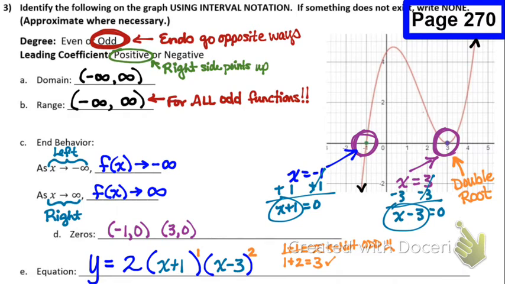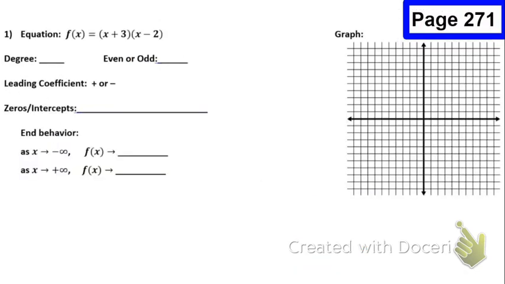I want you guys to flip over to page 271. And we're going to practice doing some sketches here. I have a function in factored form, and I want to sketch this.